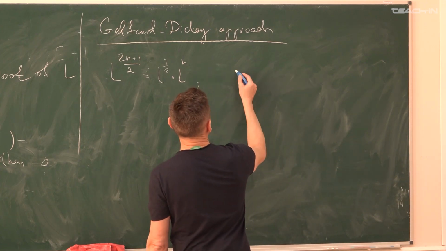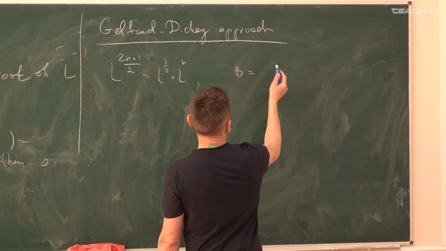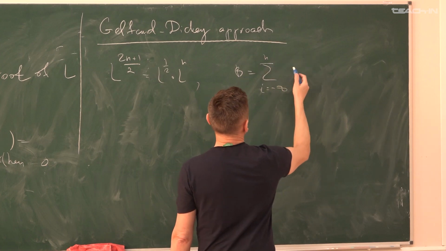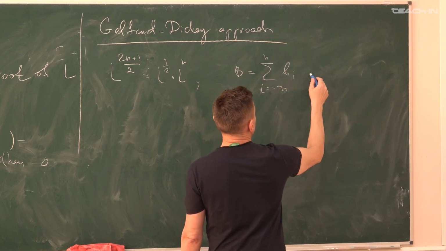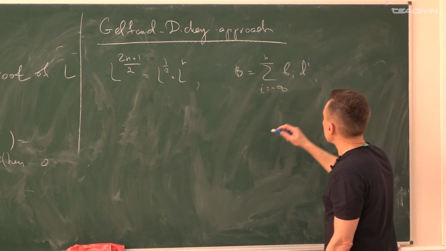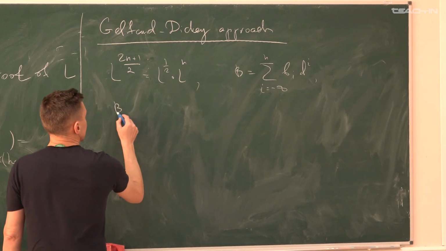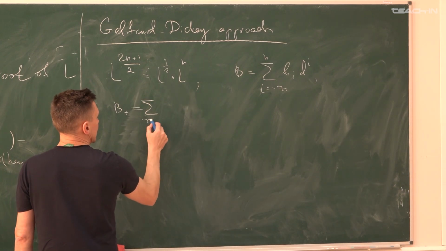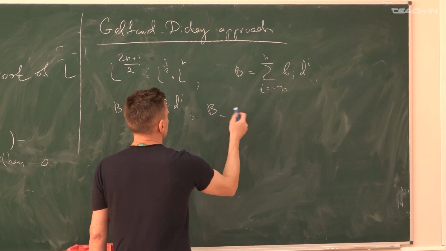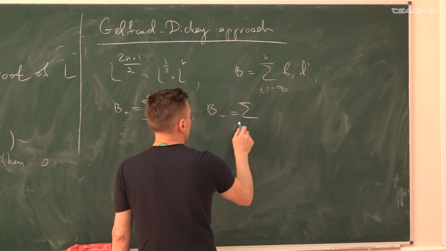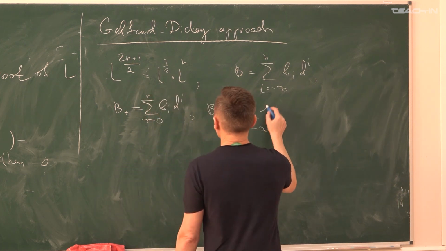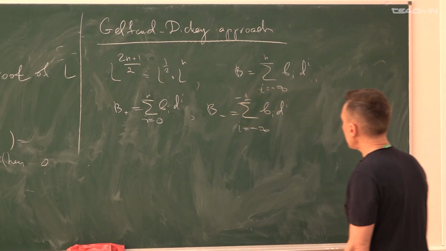First of all, if b is the sum from minus infinity to n of b_i d^i, then b plus is the sum from i equals 0 to n of b_i d^i, and b minus is the rest, the sum from i equals minus infinity to minus 1 of b_i d^i.